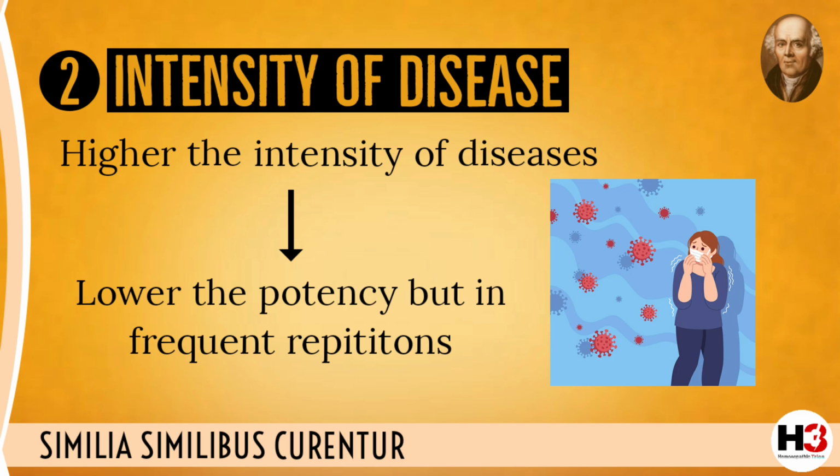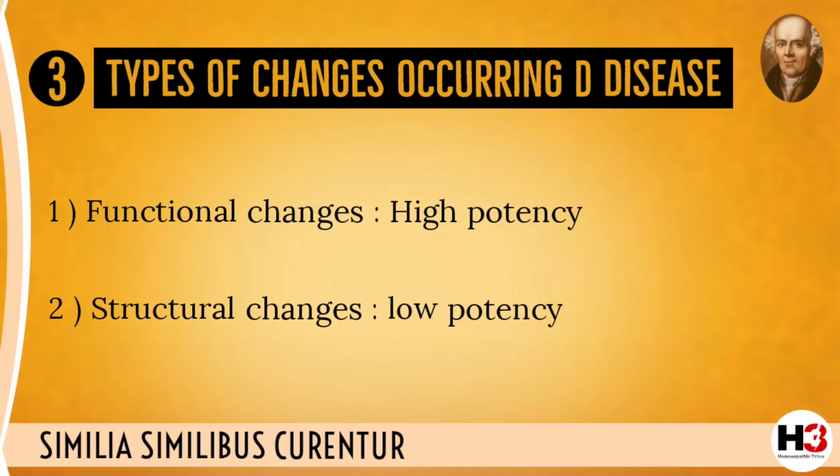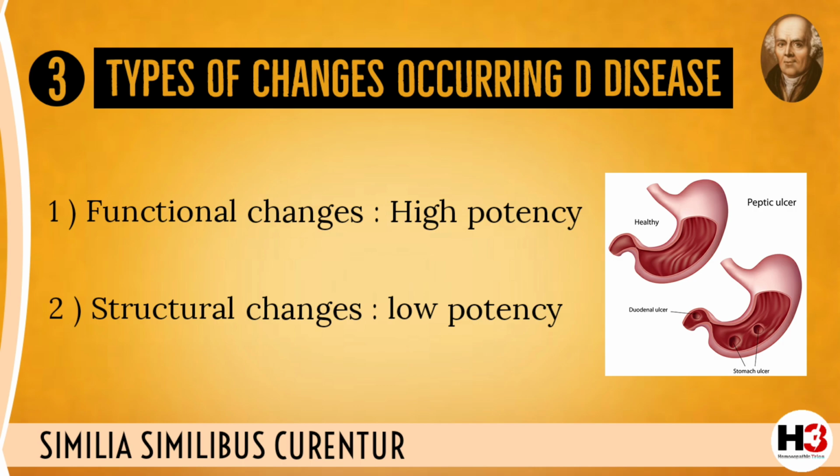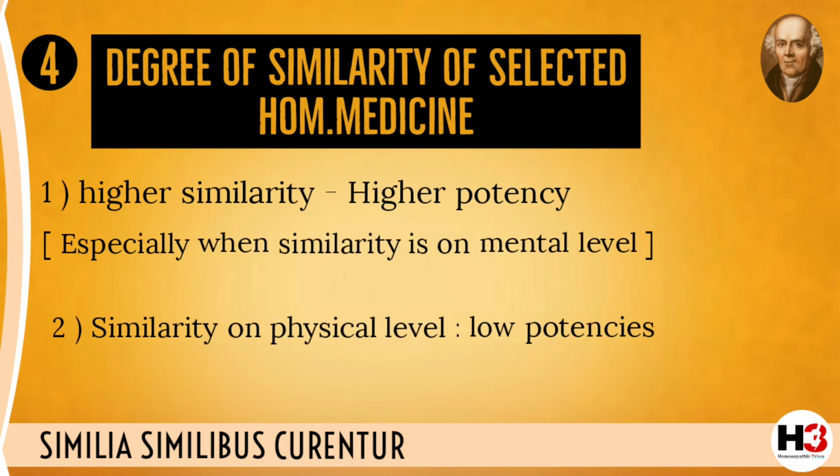The next important factor is the type of disease or disease changes and the level of the disease. When the diseases are at a functional stage, that is, when there are only disturbances in some functions of the body, we can use higher potencies, but when there are structural changes, it is better to use low potencies. The next important point in potency selection is the degree of similarity of the selected homeopathic medicine.